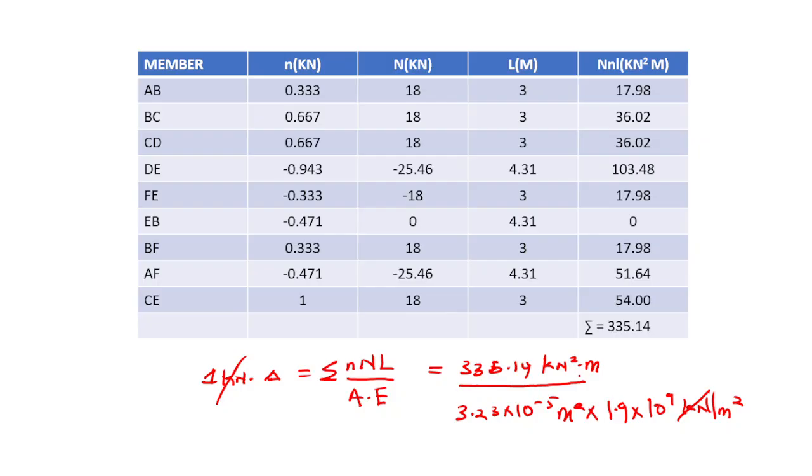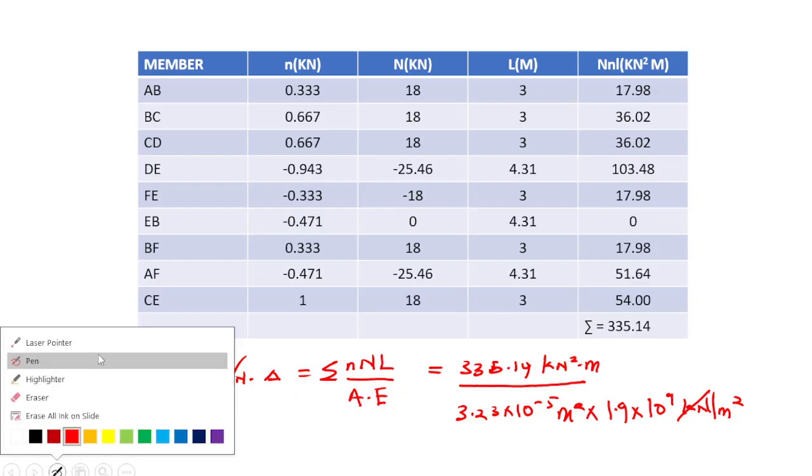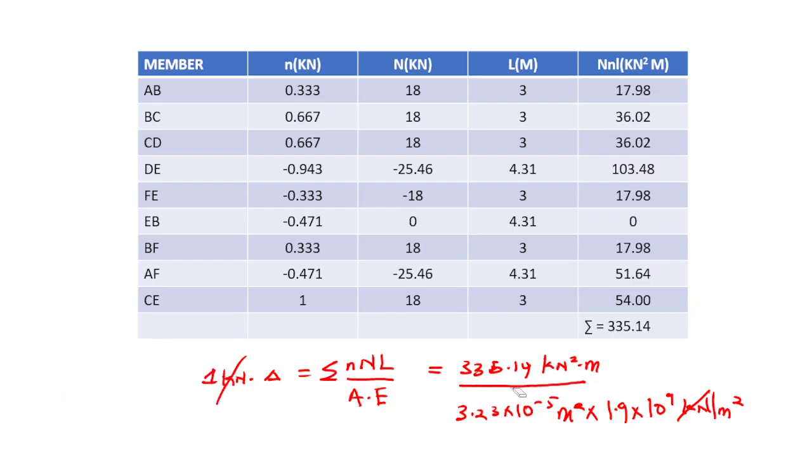Am I right? No, it won't cancel it. Sorry, when you try to divide, it won't cancel. It will multiply with it. It will become kilonewton square.